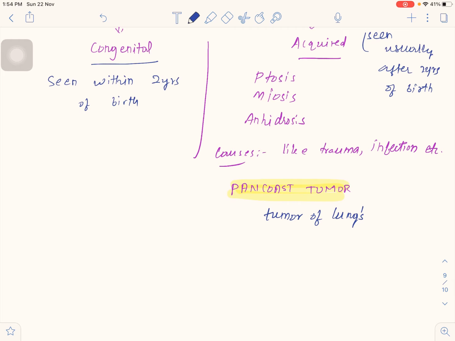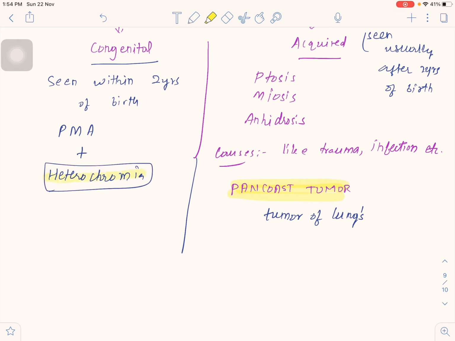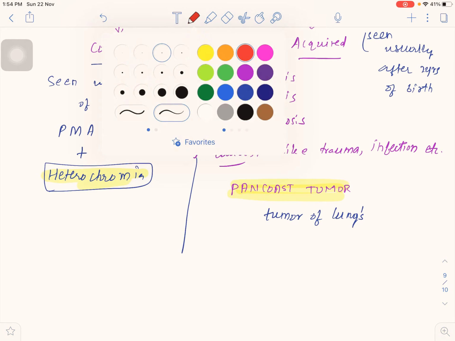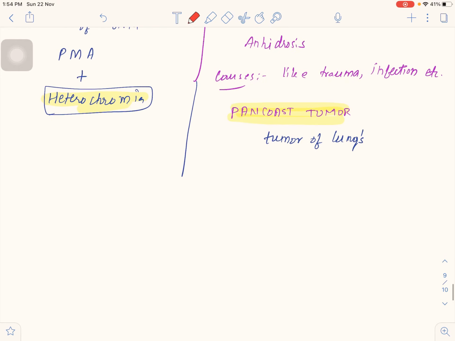So in the congenital type, along with ptosis, meiosis, anhidrosis, we can see one more thing that is called heterochromia. Hetero means different, chromia means colors. So we can see a differently colored iris.